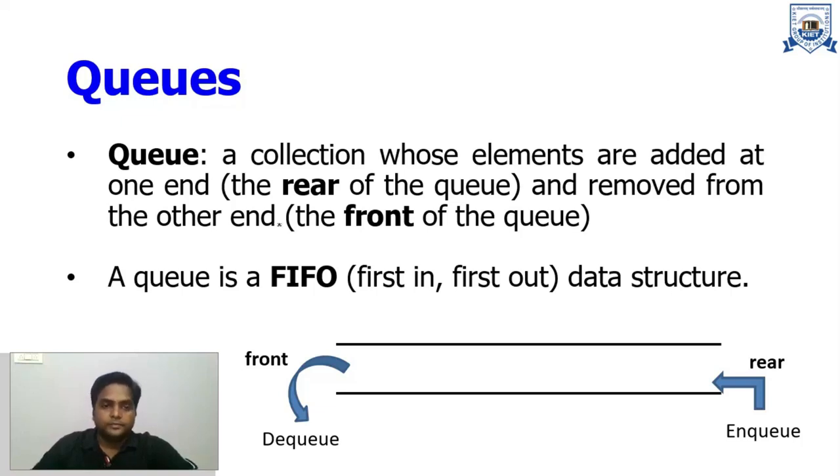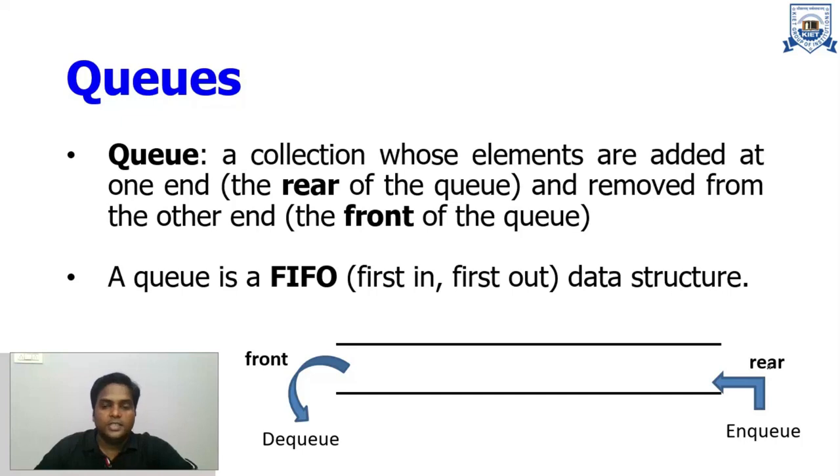The next concept of queue is that queue works on the principle of FIFO, that is first in first out, while stack works on the principle of LIFO, that is last in first out. In queue it is not fixed that front is always here and rear is always here.